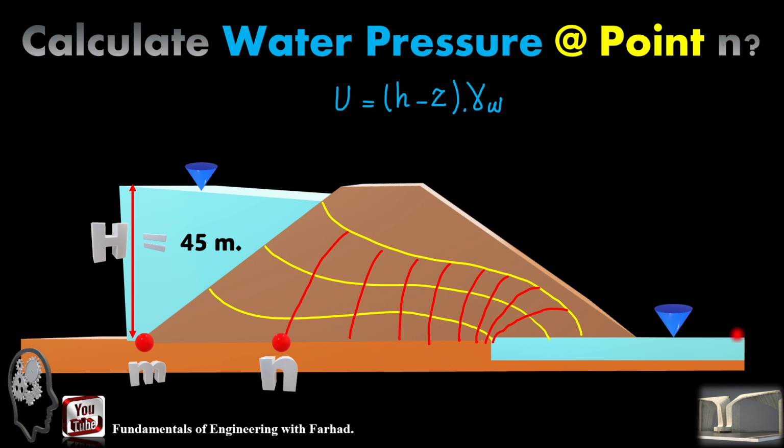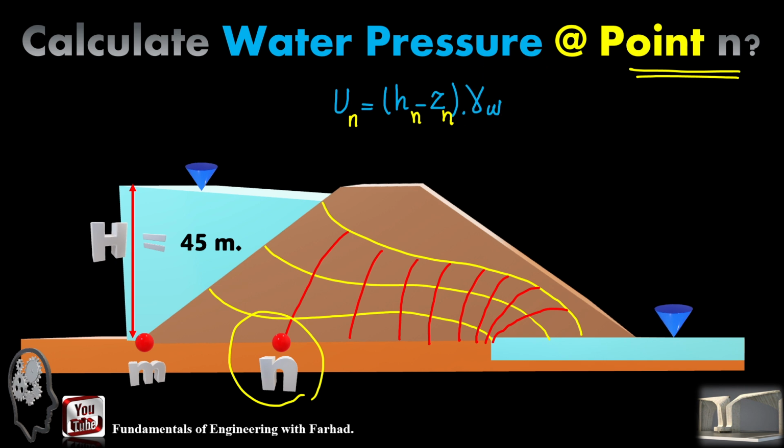So Z is equal to 0 at our base. If we want to calculate u for any given point, for example N, u sub N is equal to the head of water H sub N minus Z sub N, times the unit weight of water.